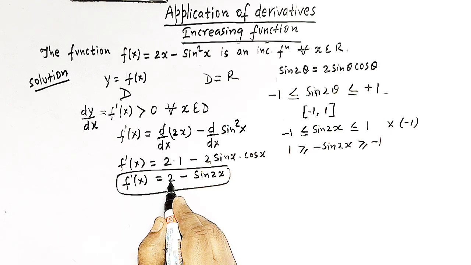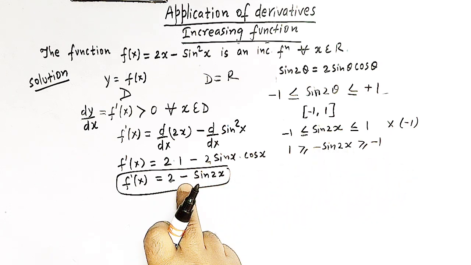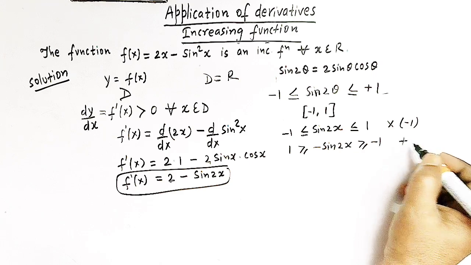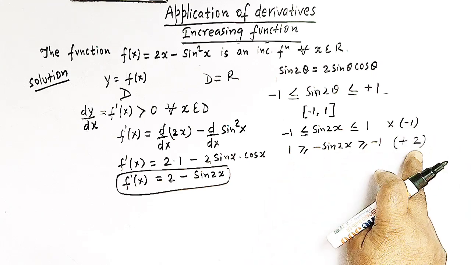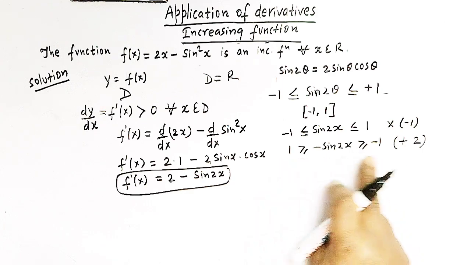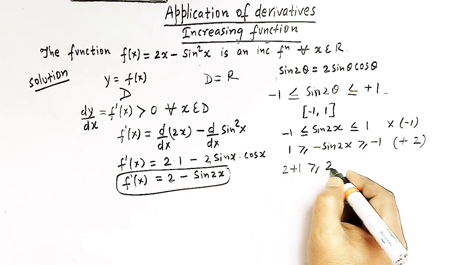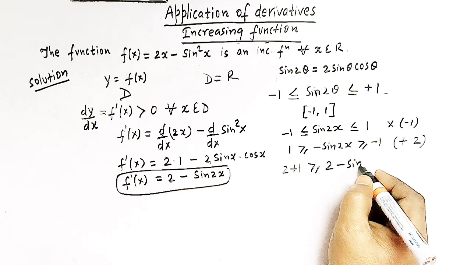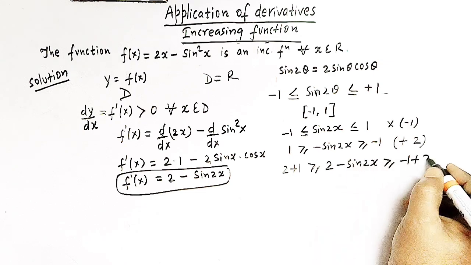Now we want the expression 2 minus sine 2x, so to get this expression, let us add 2 throughout. Adding 2 throughout in this inequality, we have here 2 plus 1, here we have 2 minus sine 2x, and here we have minus 1 plus 2.